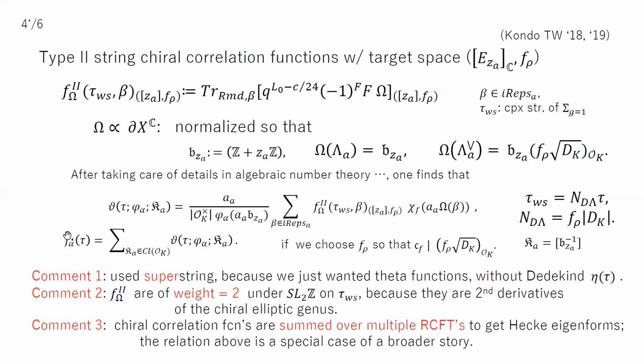So F here is the weight 2 modular form, but we need to take a sum over those over the elements in the ideal class group. The individual ideal classes are in one-to-one correspondence with the different elliptic curves over C, up to isomorphism, but sharing the same ring of complex multiplications.